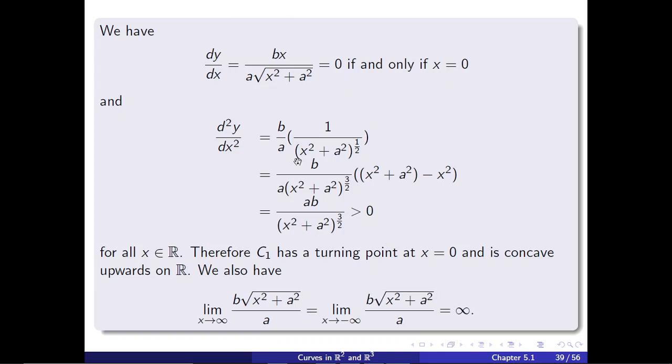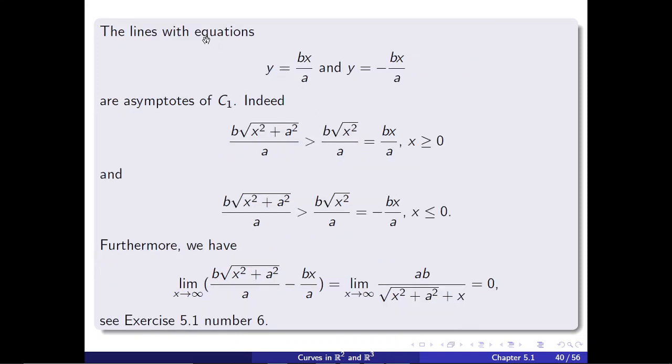If we do the second derivative to check if it's concave upwards or downwards, we see that the second derivative is positive, and so therefore the curve is concave upward. And now we want to check the asymptotes. So if we check the limit as x tends to infinity, we see that it is equal to infinity.